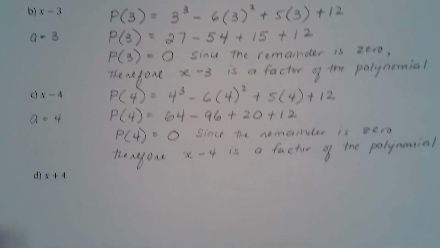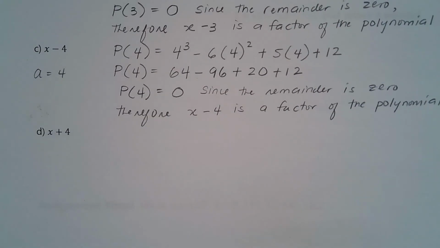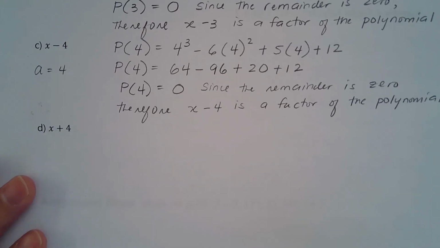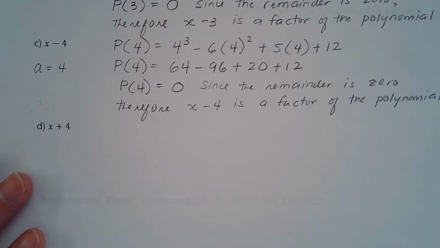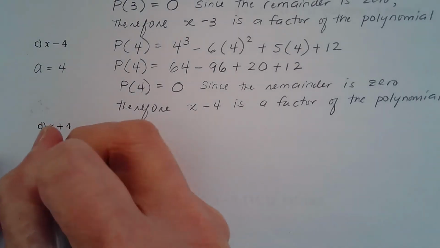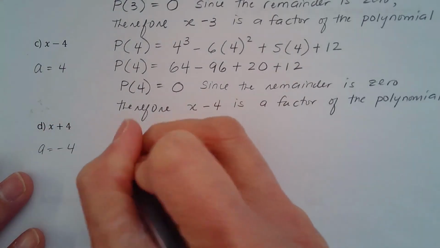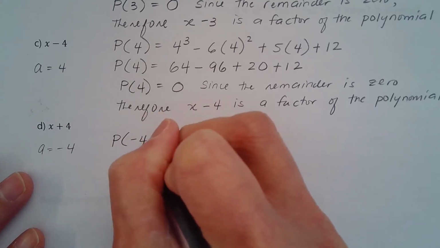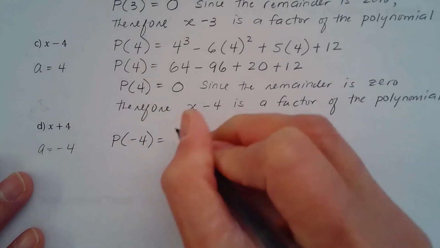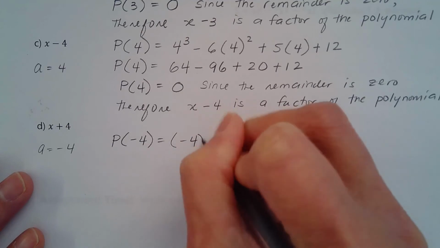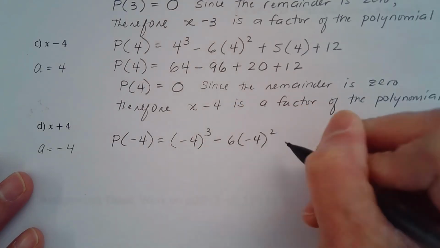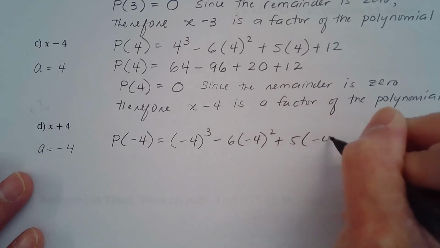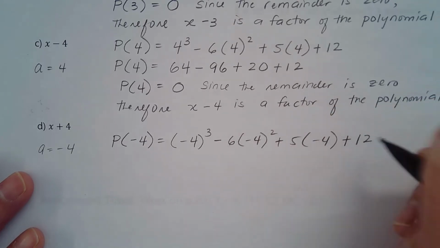Okay, so next one. Is x plus 4 a factor? What is the a value? A equals negative 4. So let's evaluate p of negative 4. Negative 4 cubed minus 6 times negative 4 squared plus 5 times negative 4 plus 12.